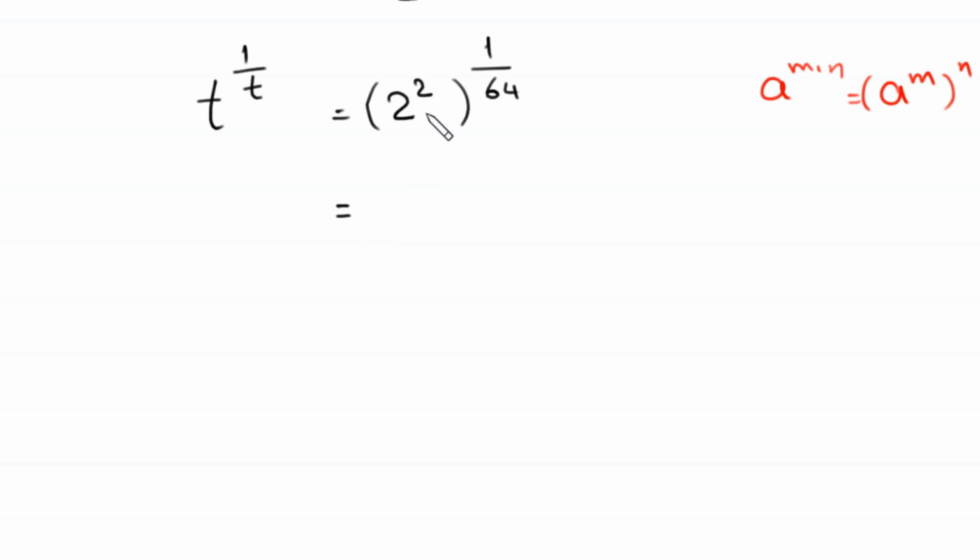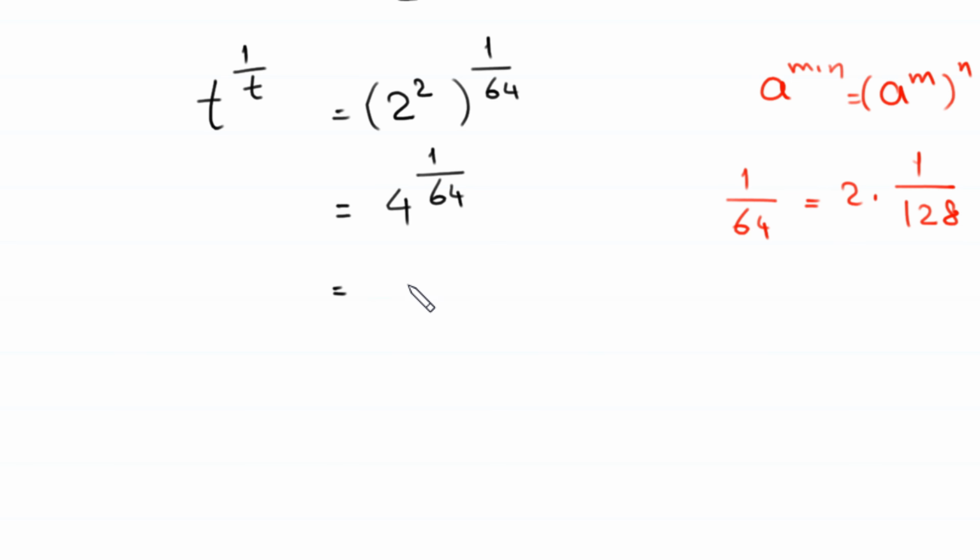Now this 2 squared will become 4 to the power 1 over 64. Now this 1 over 64 can be written as 2 times 1 over 128.